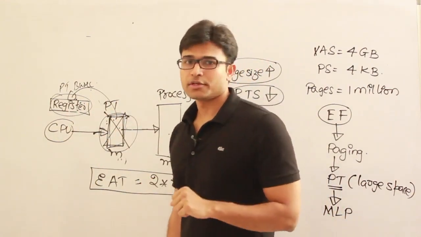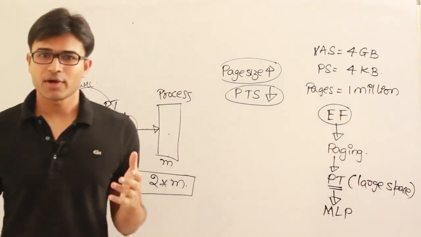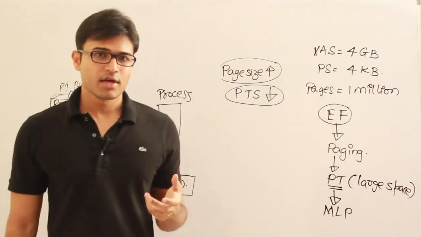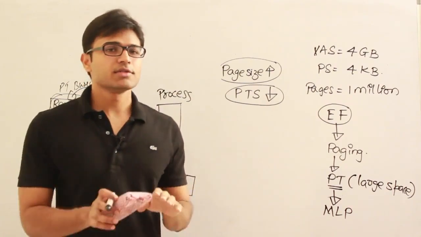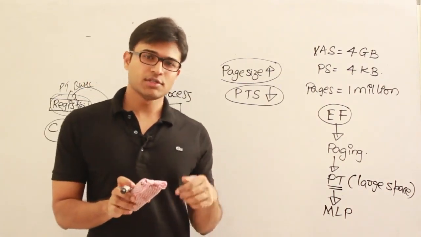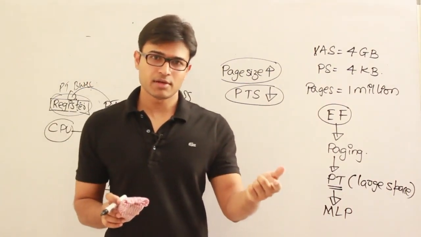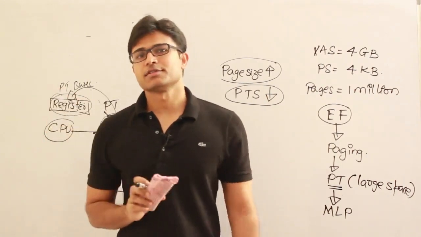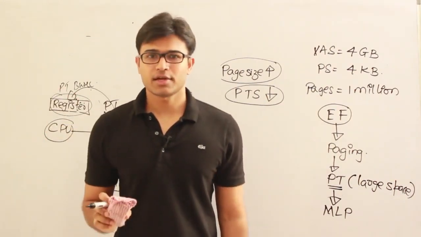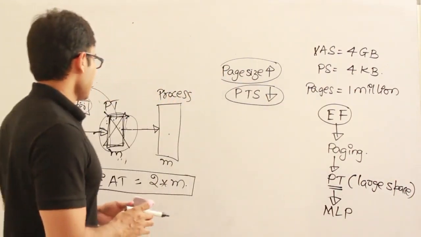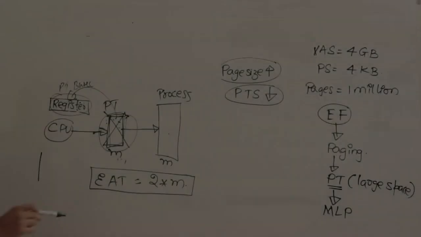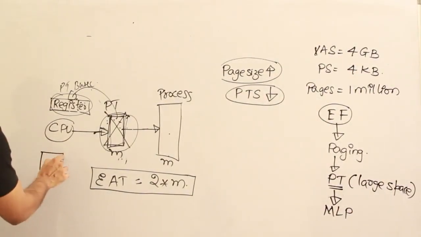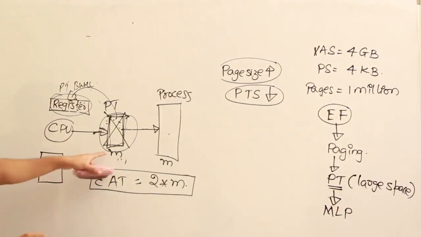Then what is the other solution remaining? People finally invented a solution where we will not use main memory or registers. We will use some kind of memory which is faster compared to main memory but cheaper compared to registers. That is called cache. We will not load the page table into registers; we introduce one more kind of memory, cache memory, which is faster than main memory and cheaper than registers.